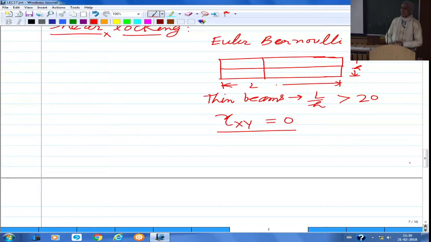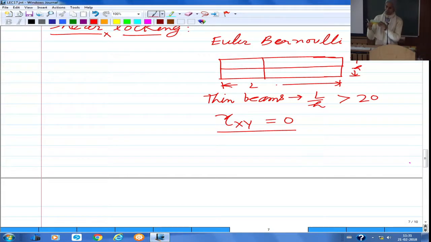Once you say that the normal remains normal to the middle surface, you are putting some constraint on the deformation of the beam. So actually your deflection would be underestimated.